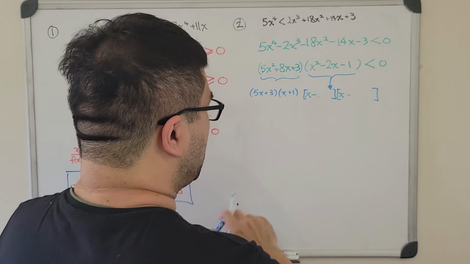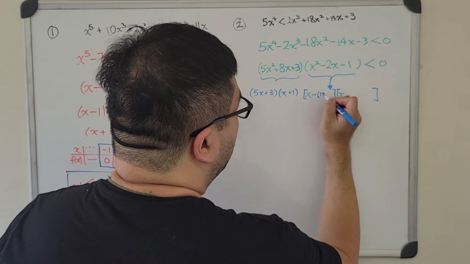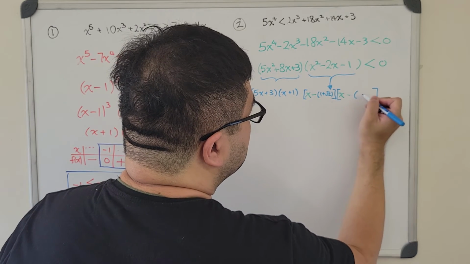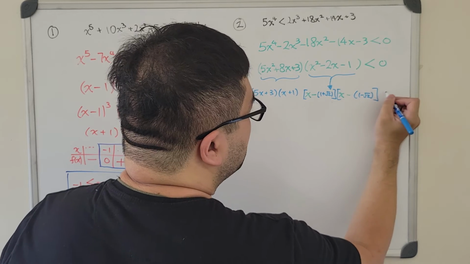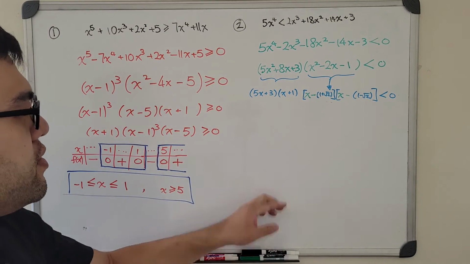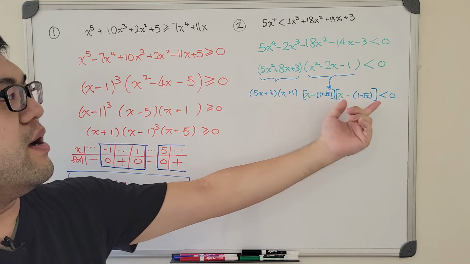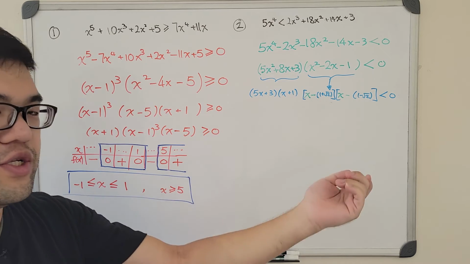We know that one of them is 1 plus radical 2. The other one is 1 minus radical 2. Good. So now we have 4 factors in linear expressions.